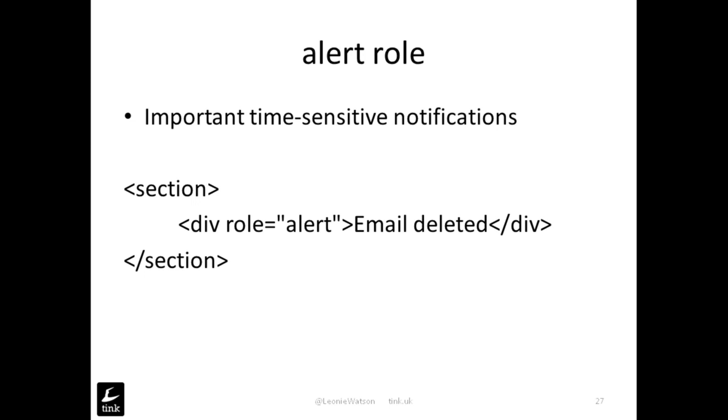So a quick example. Remember I said a div is a pretty semantically neutral element. It has no meaning from an accessibility point of view. Imagine if you just wanted a quick push notification somewhere on the screen to let the user know they'd done something, or to give them a time-sensitive message. You can just do that in a div and it's fine. Visually it'll pop up. Sighted people will be aware of it. But there's nothing to tell an assistive technology like a screen reader that this is an important piece of information.